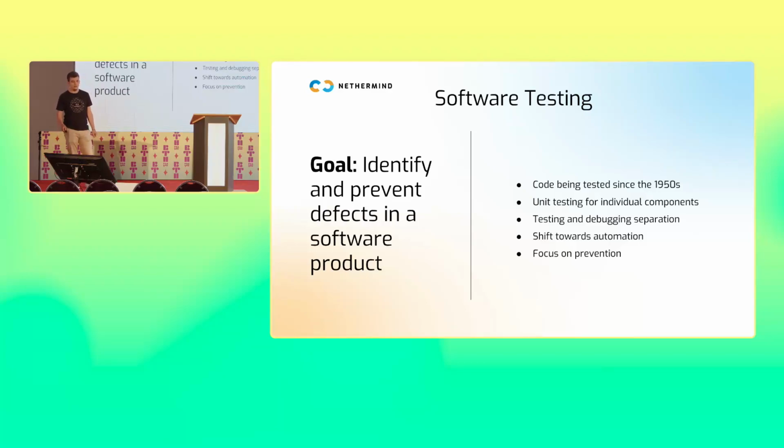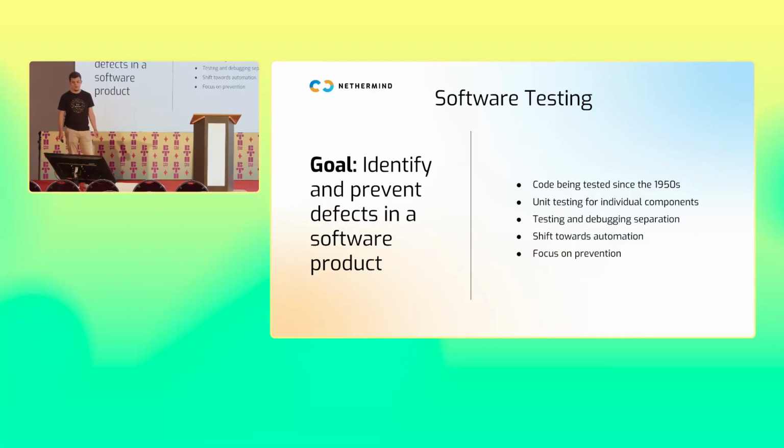So for example, shortly after testing was first introduced, we came up with unit testing, which is basically trying to test the smallest possible complete unit of code that can run by itself. This way we can isolate different functionalities and test them separately and make sure they're working. This is very popular, still used nowadays.